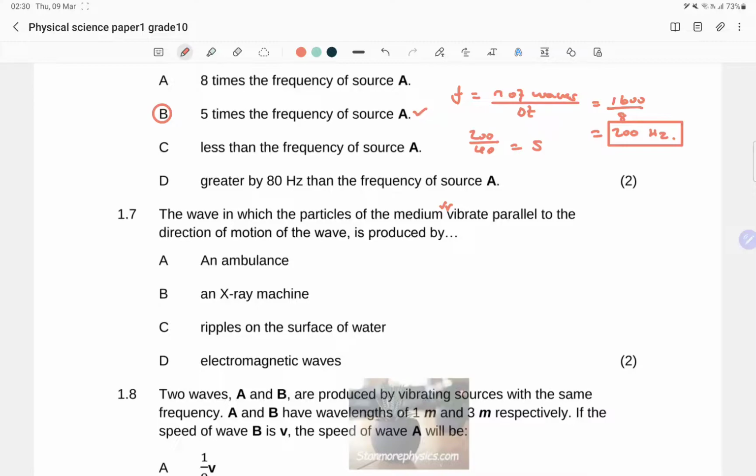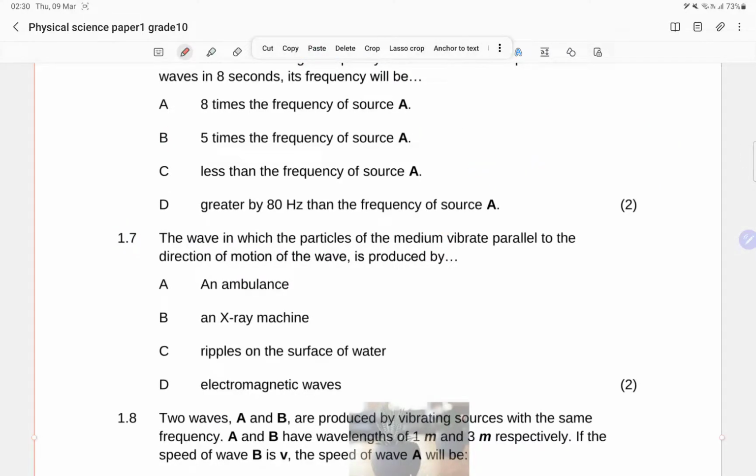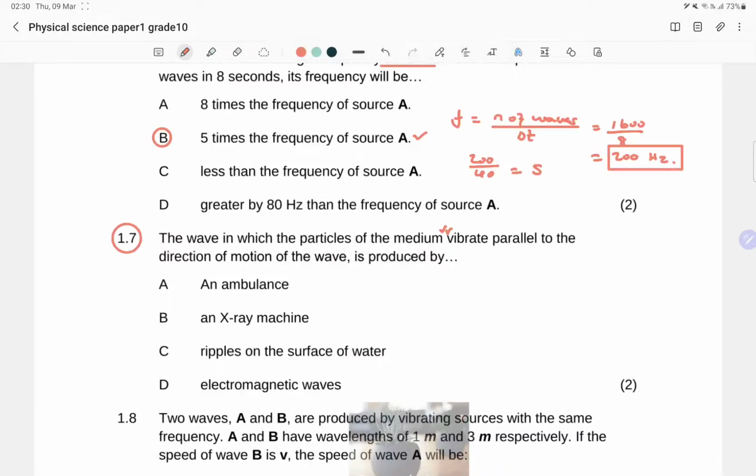Now, this is very interesting, is it not? It is very interesting. Yeah, this is one of those questions again where you just need to know the practicality of what these are. If for example, you're thinking about the ambulance, let's just think of an ambulance.